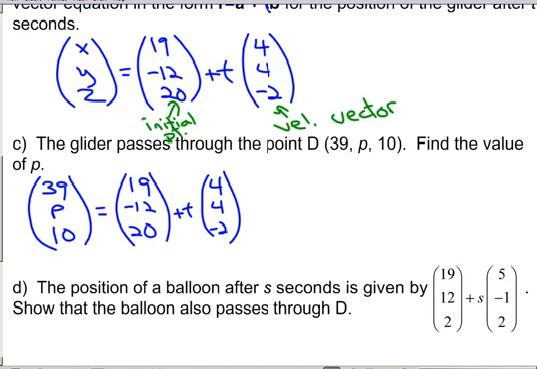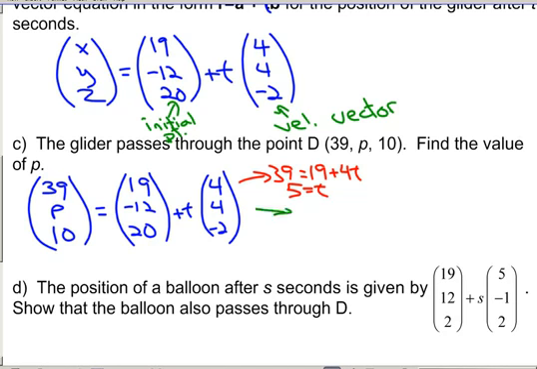Okay, this isn't looking very promising to start off with, but once again, if we look at the parametric equations that come from each of the rows. From the first row, I'd have 39 equals 19 plus 4t. If I solve that, subtract 19 from both sides, I get 20, divide by 4. That'll give me t equals 5.